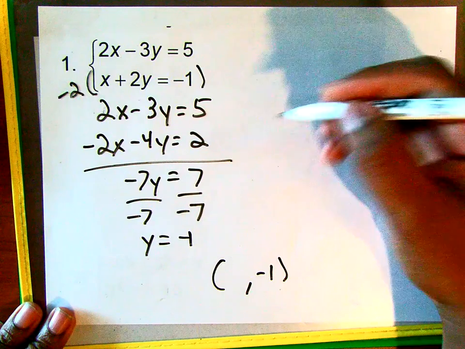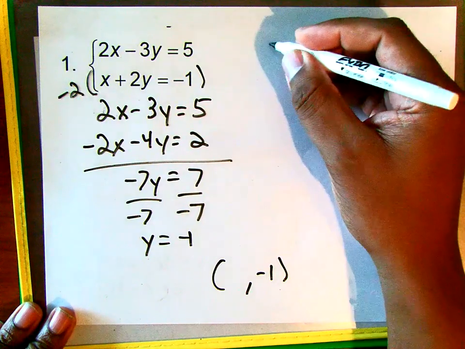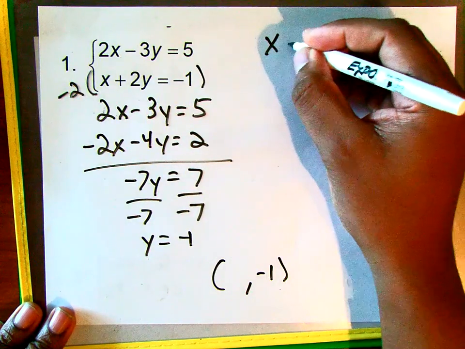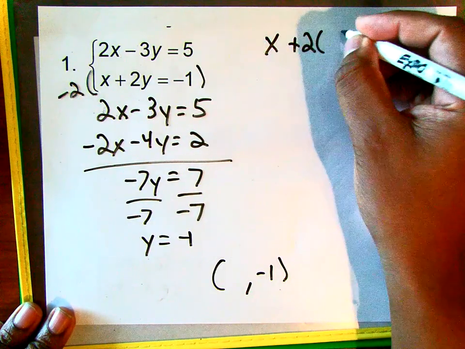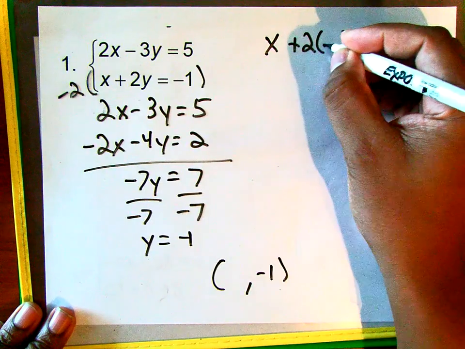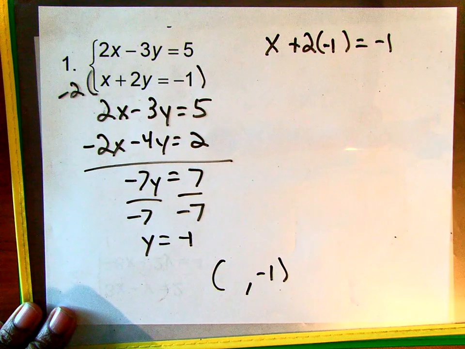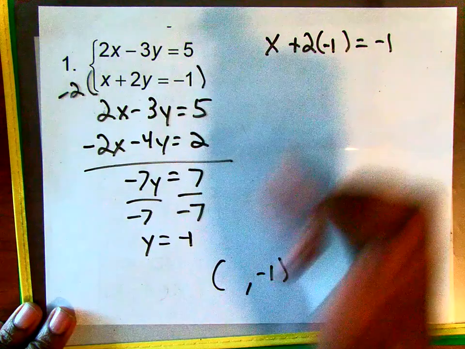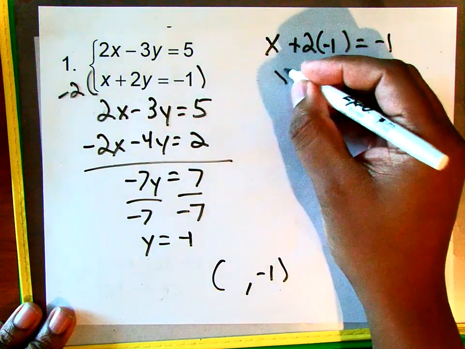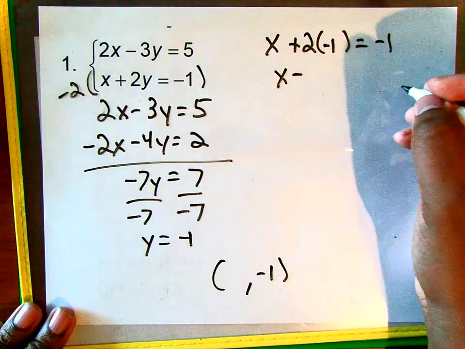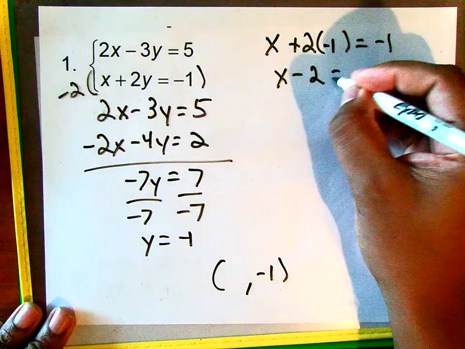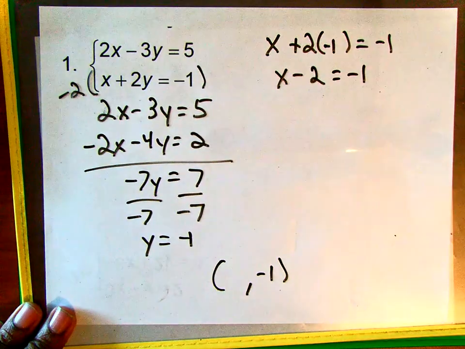And you can plug it into either one. I'm going to pick the second one here. That's going to give me x plus 2 times my y, which is -1, is equal to -1. 2 times -1 here would be x minus 2 is equal to -1.